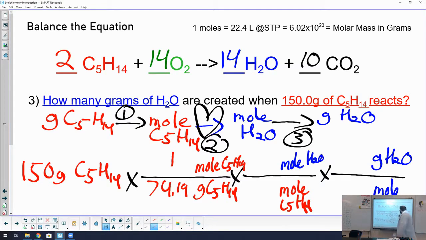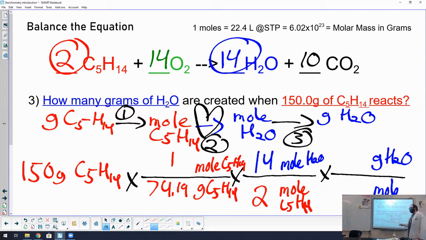I then need to know my conversion. Hey, we know this from our formula. 14 waters for every 2 C5H14s. Lastly, we need to do our gram to mole conversion. So, 1 mole of H2O would be equal to its molar mass.